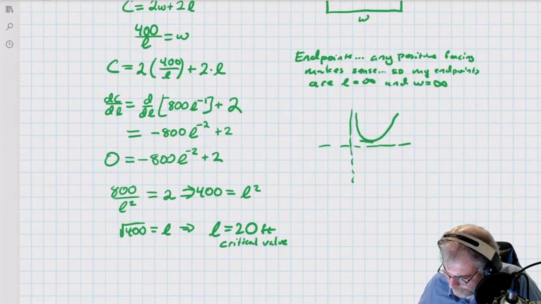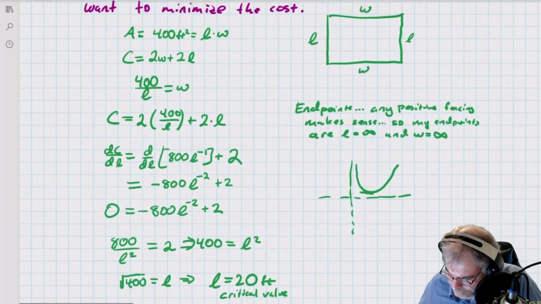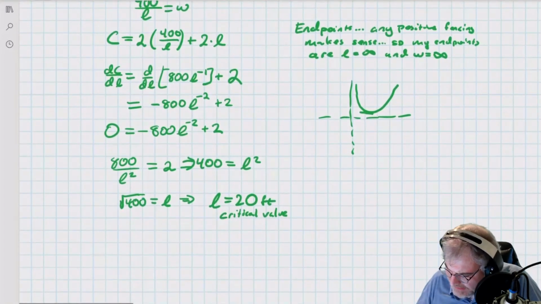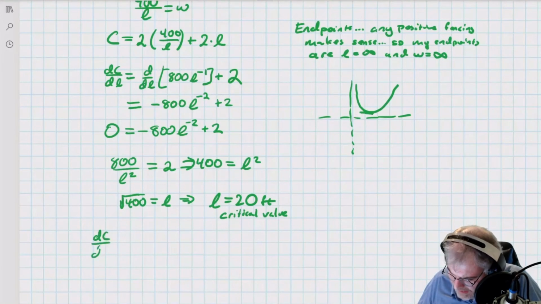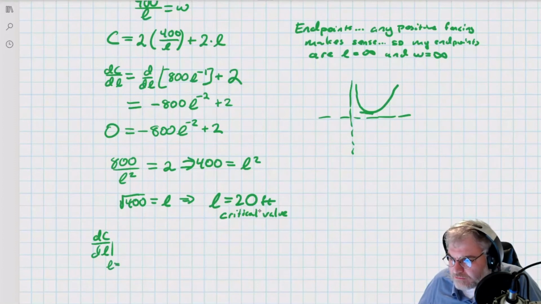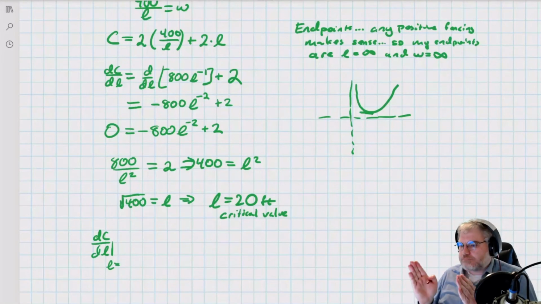Right? If that doesn't make you comfortable, look at the derivative. Okay? So I've got DC here, right here. So DC over DL, when L equals, there's my critical value. Pick something on the left, then pick something on the right.